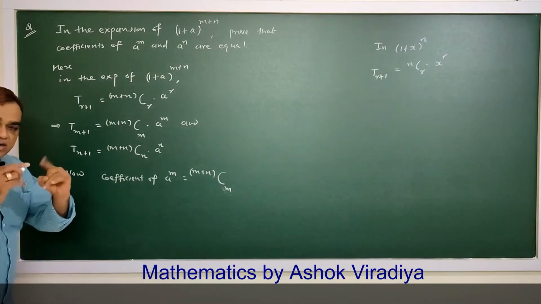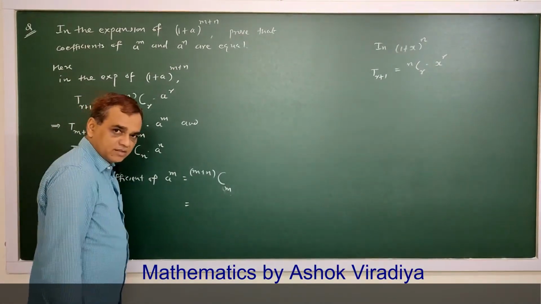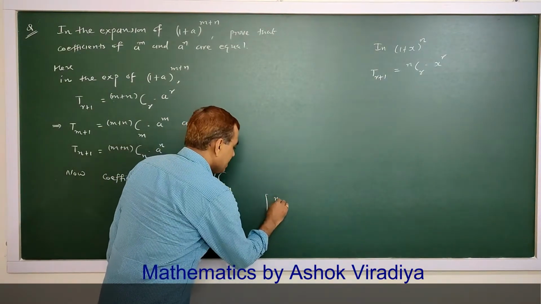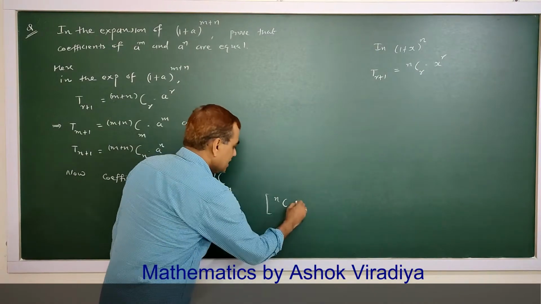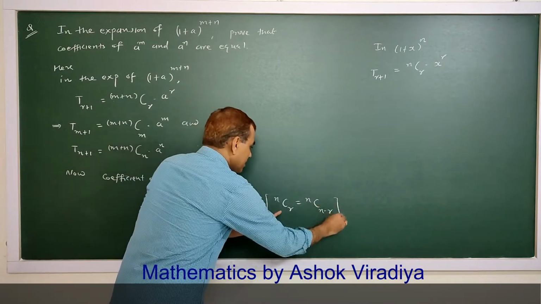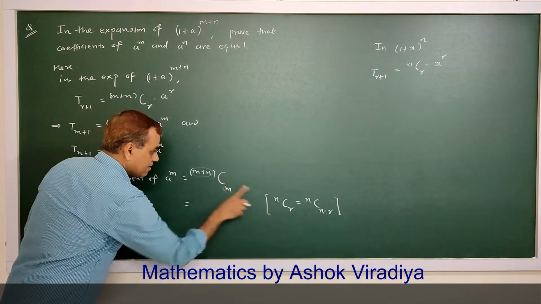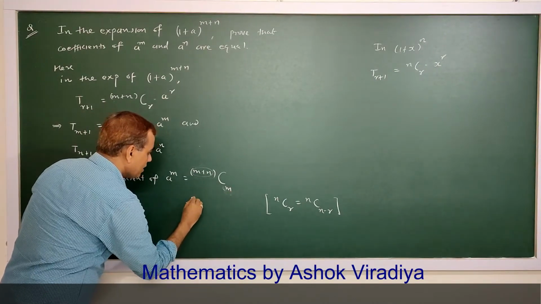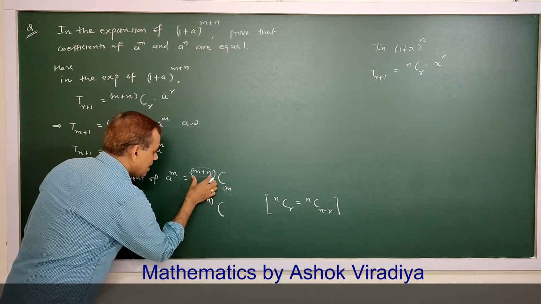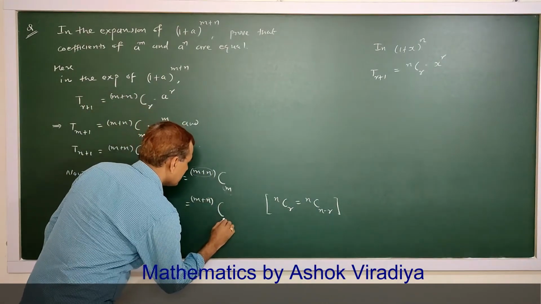Now here we are using a result. The result, see this result I am using, is nCr is equal to nC(n minus r). So this result I am using in the next step. So nCr is equal to nC(n minus r), the difference of these two numbers we keep here.